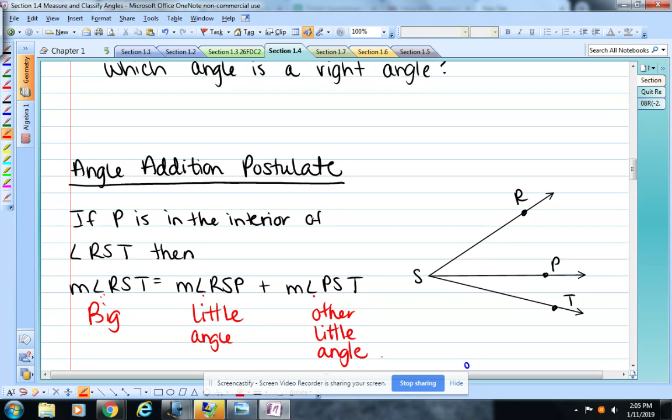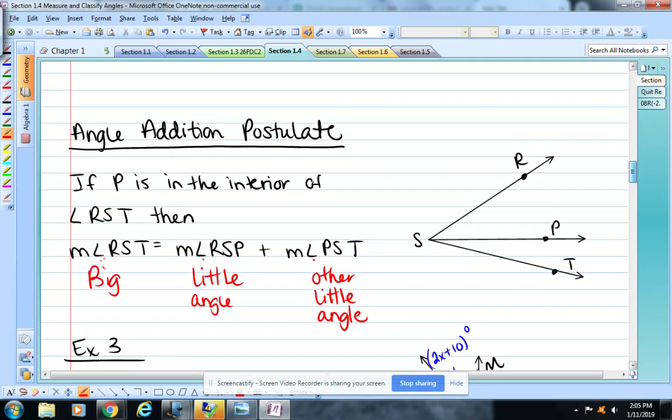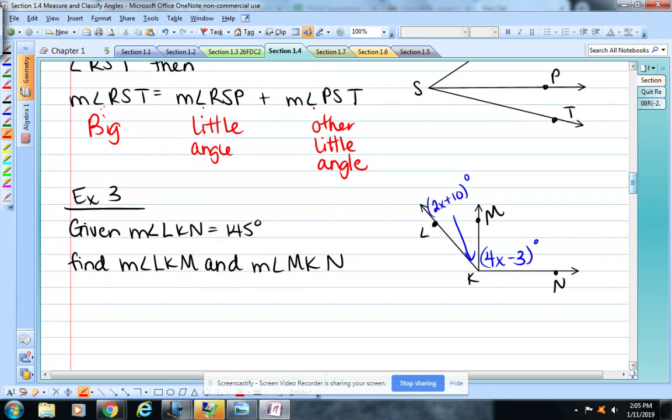So that's just my simplified way of doing segment addition. Little plus little equals big. You add the two little angles, it'll tell you the measure of the larger angle. Okay? All you got to know from that. Little plus little equals big.